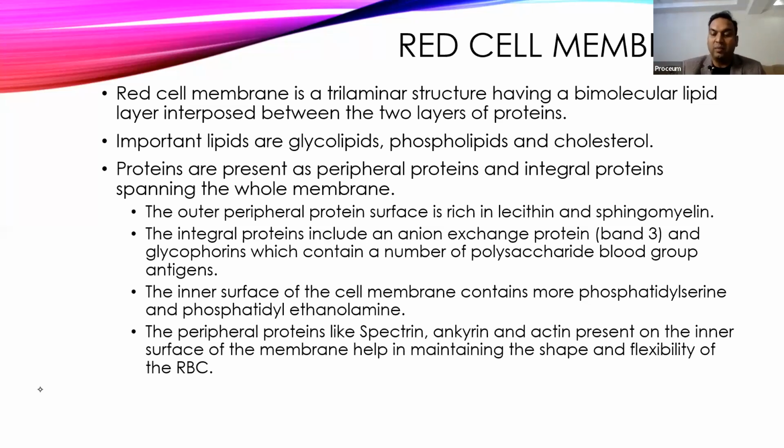And then there is a polysaccharide chain that's responsible for the blood group antigens. Then the inner surface also contains phosphatidylserine and phosphatidylethanolamine. And there are peripheral proteins like spectrin and ankyrin, which are responsible for spherocytosis and elliptocytosis. And actin protein is also present on the surface, which is responsible for the maintenance of size and shape.